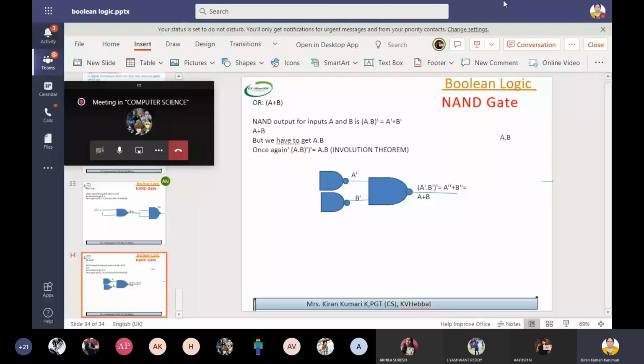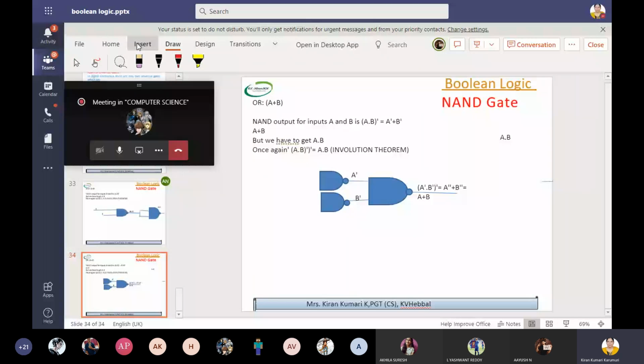कर दिया बच्चों? Yes, ma'am. अब इसमें क्या करना है, दोनों को जोड़ के एक लाइन में. See, I will show you how to draw.